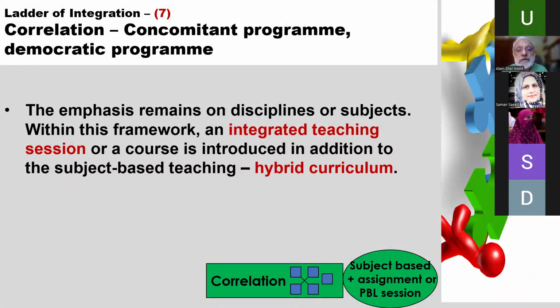Within this framework, an integrated teaching session or a course is introduced in addition to subject-based teaching. And the classical example is the hybrid curriculum, where we still have the discipline-based teaching, lectures, all those, but at the same time, we have some problem-based learning sessions introduced.